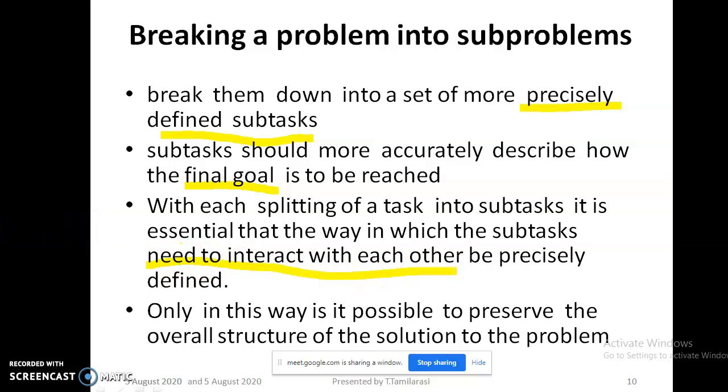Otherwise we can't combine them and get the solution for our entire problem. When we follow all these steps, we can get the overall structure for our problem solution. So the main thing is we are breaking our problem into multiple sub problems.